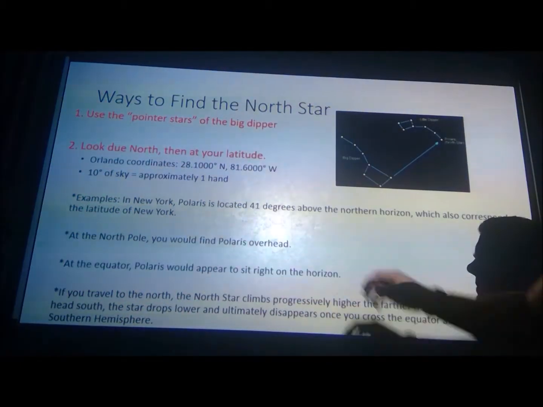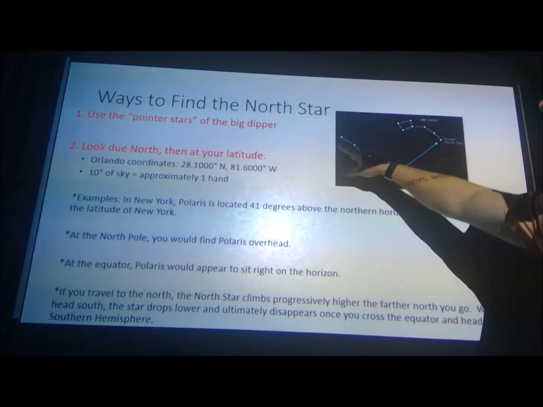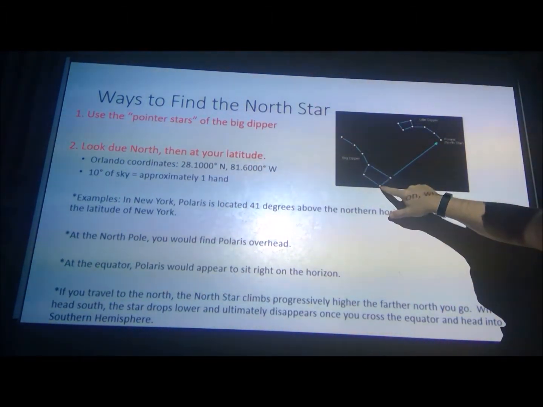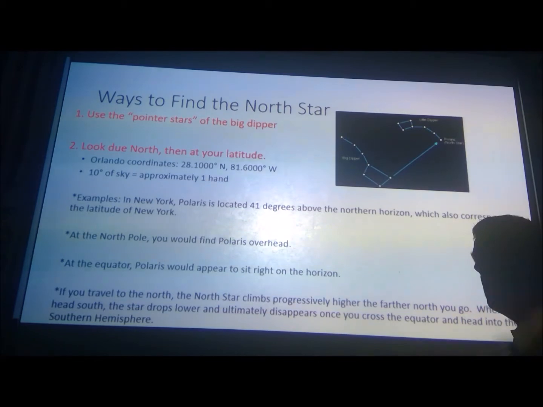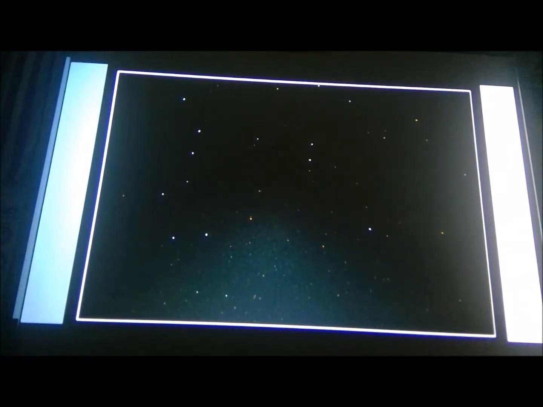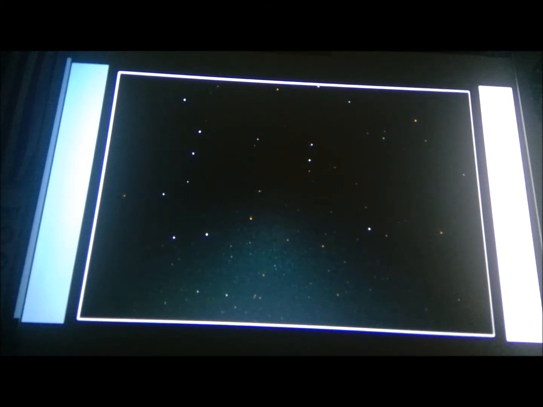Let's go back and use that first one. Use the pointer stars of the Big Dipper. So these two stars are going to point to the North Star. See if you guys can find the Big Dipper. It's right here. There is the bucket of the Big Dipper.